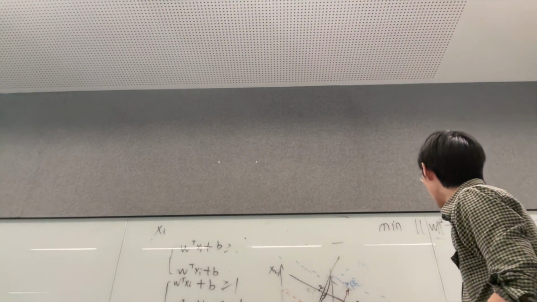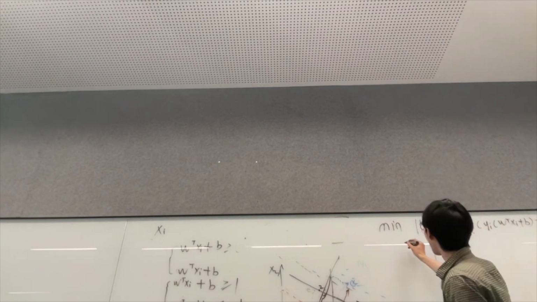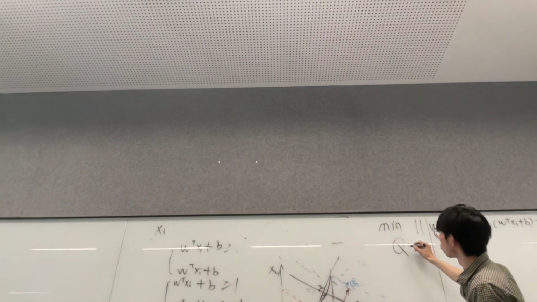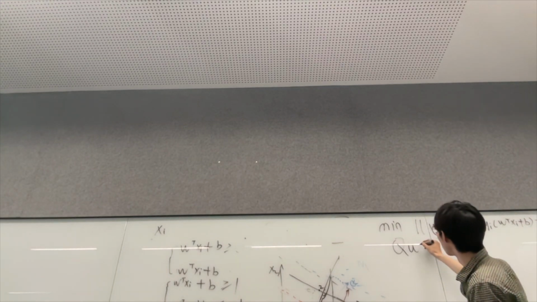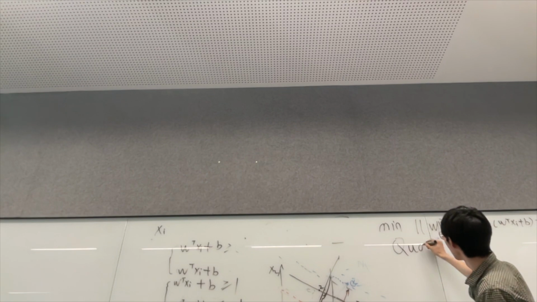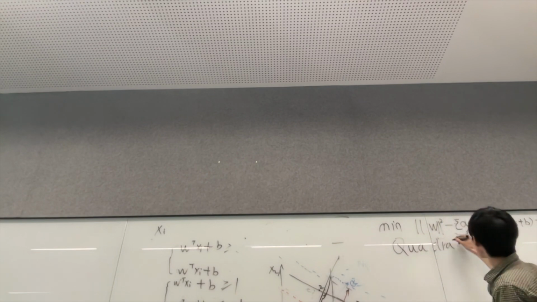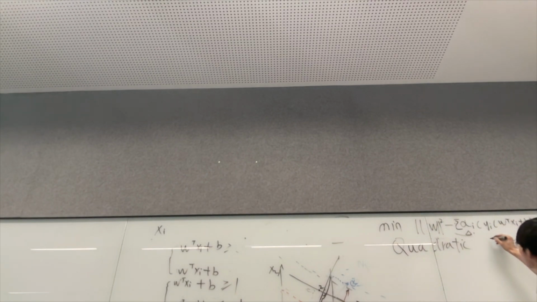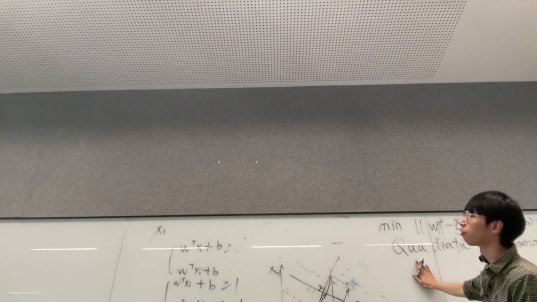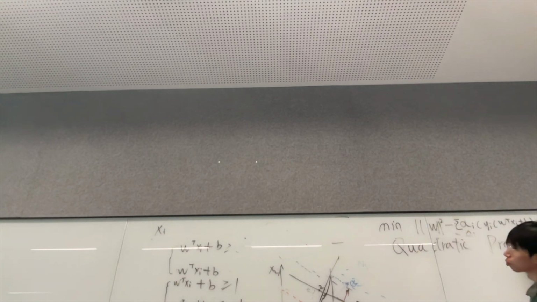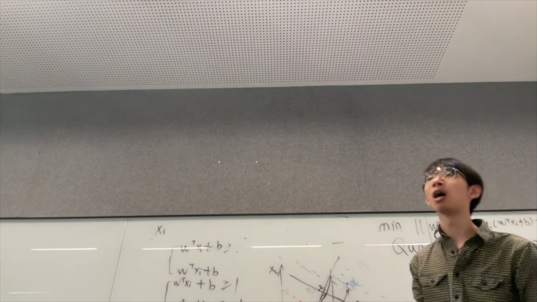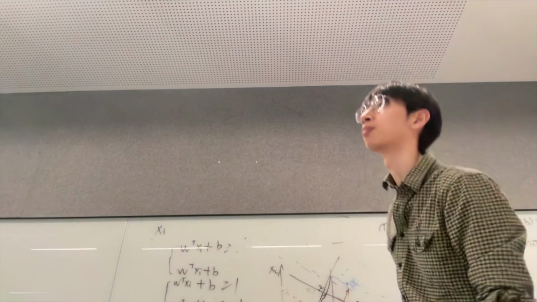Now, how can you solve that? You have to look to a mathematician or mathematics student to find a solution for general quadratic programming. I'm not an expert in that, so if you gave me this and wanted me to solve it, I would use gradient descent.